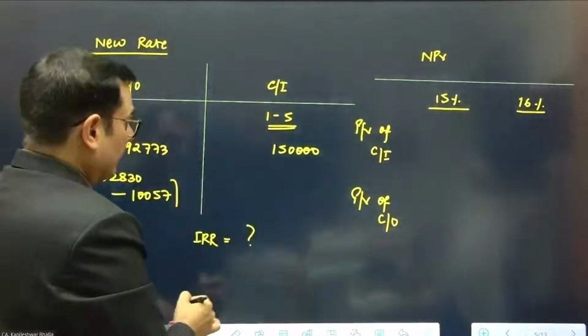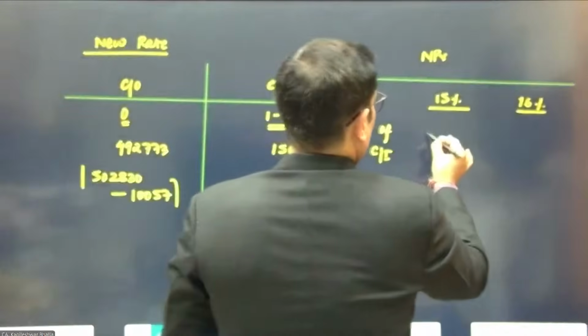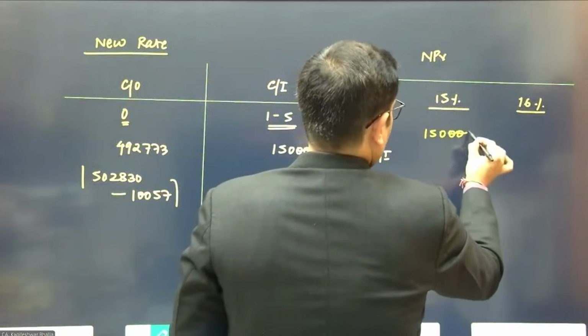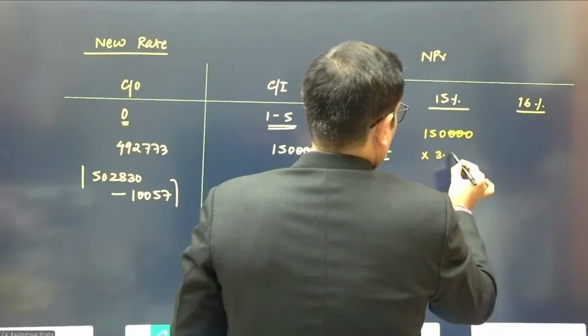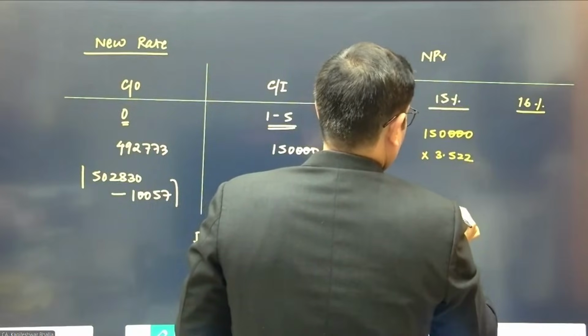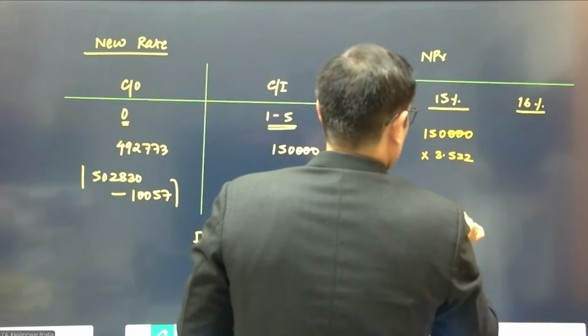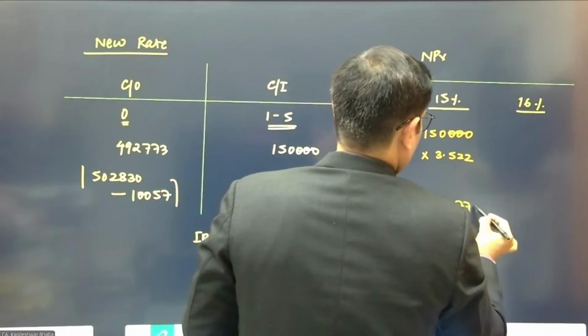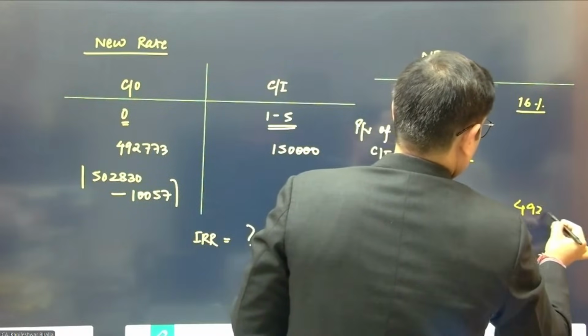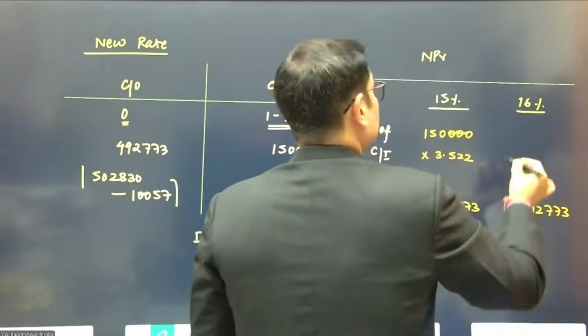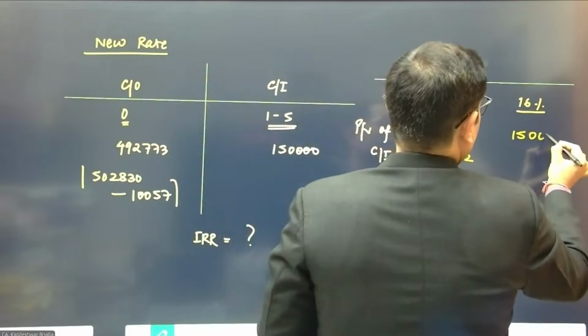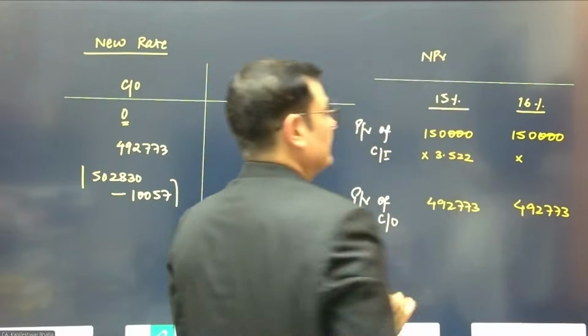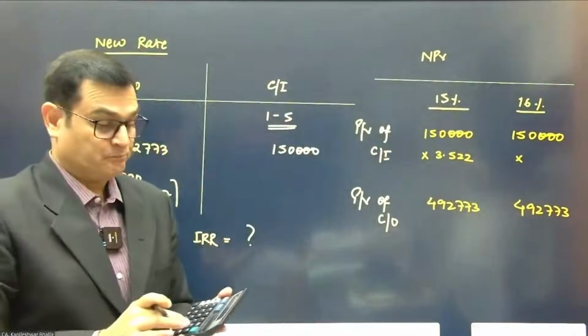So at the rate of 15%, this was 1,50,000 and this was 3.352 and this was 492,773. We just need the factor at the rate of 16% in this case, 5 years.